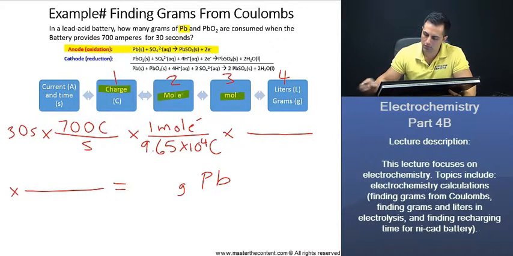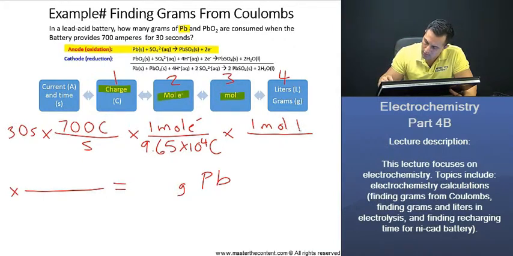Thus, we can just write per mole of lead, it's going to be 2 moles of electrons.